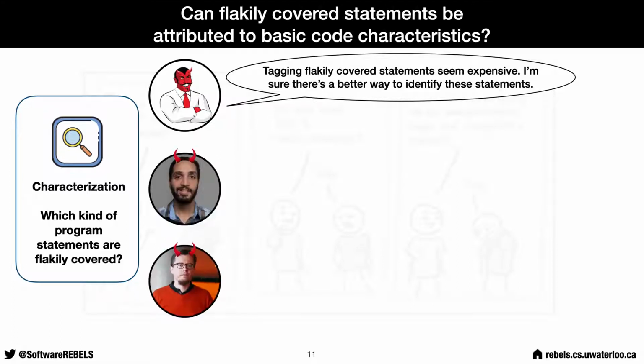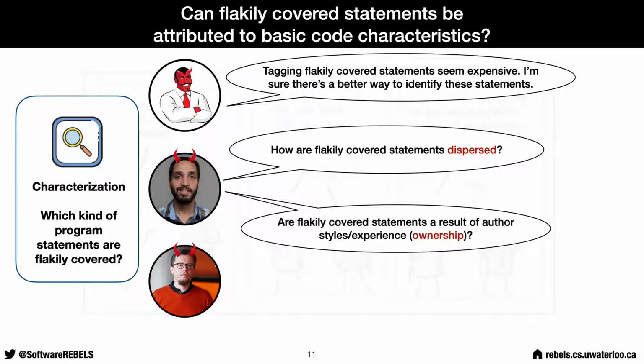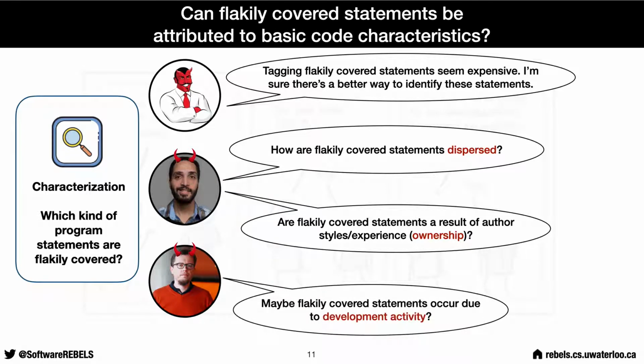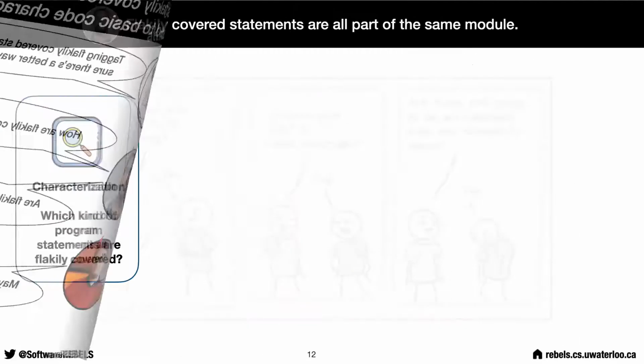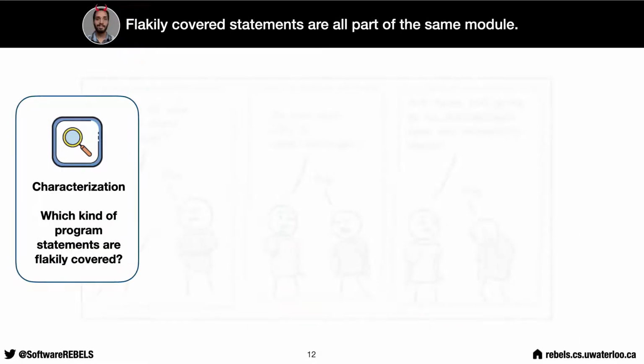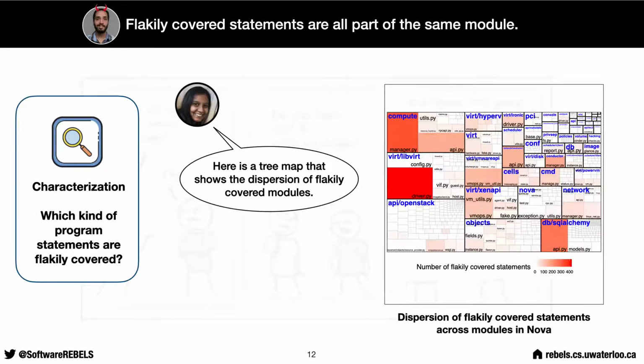We take the position of a devil's advocate and explore if we can explain the occurrence of flakily covered statements through some basic code characteristics such as dispersion, ownership, and development activity. For example, as the devil's advocate, we say, maybe the flakily covered statements are all from a networking module that is hard to test robustly.